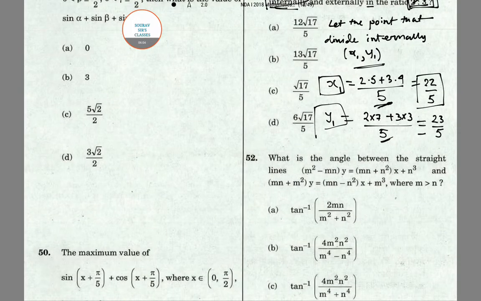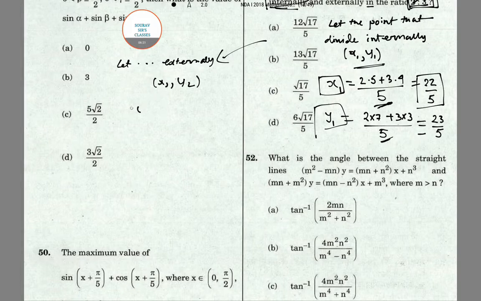Now let the point which divides it externally be x2 and y2.